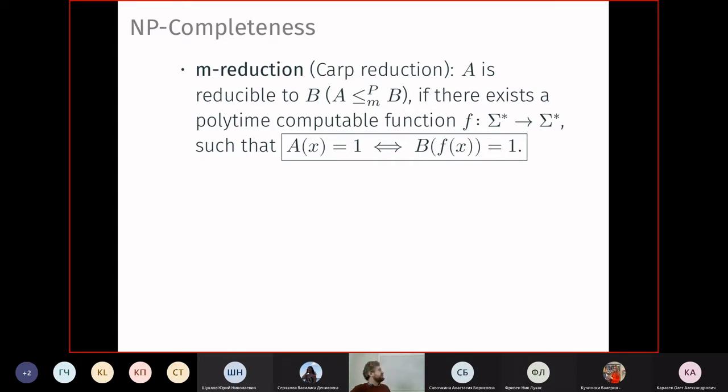You perform some preparations and then you just ask B and you have to return the same answer. You cannot, say, invert the bit. This is called many-one reduction.